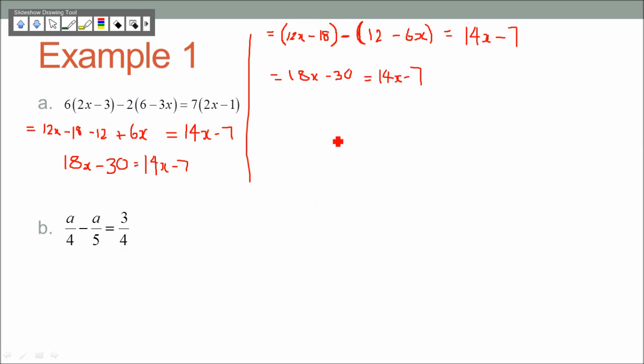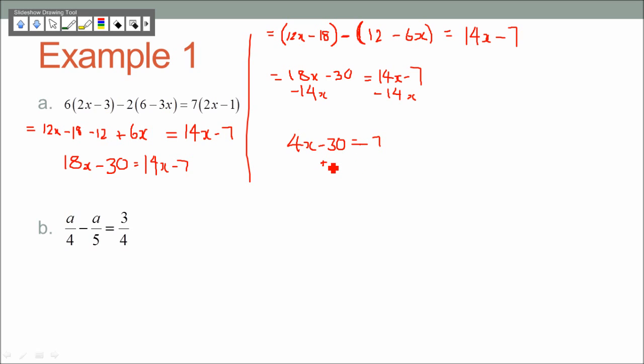Alright, let's finish solving it on this side. So this is now an equation with a pronumeral on both sides of the equal sign, similar to what we did in the last class. To get rid of the 14x over this side, we are going to subtract 14x from this side and subtract 14x from this side. So that gives us 18 minus 14, so 4x minus 30 equals minus 7.